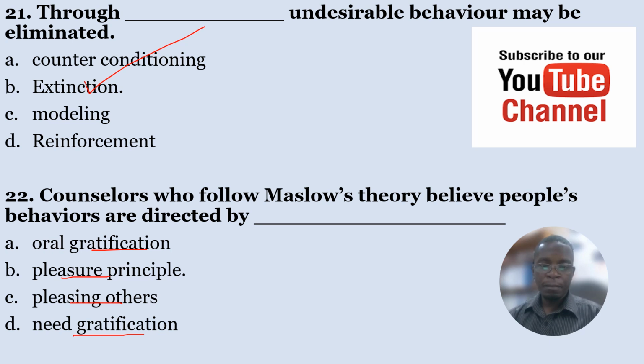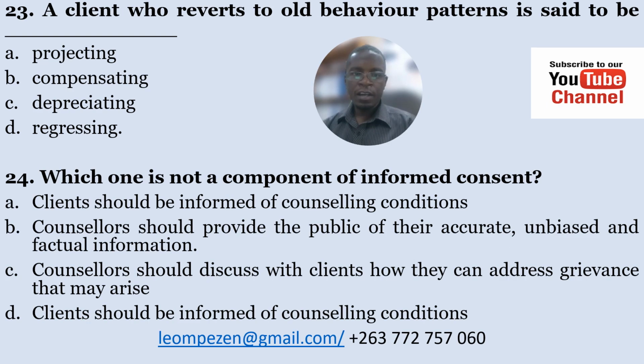Counselors who follow Maslow's theory, remember Maslow's hierarchy of needs, believe people's behaviors are directed by need gratification. Number 22 is D. Number 23, a client who reverts to old behavior patterns is said to be A, projecting. B, compensating. C, depreciating. D, regressing. The correct answer is regressing.